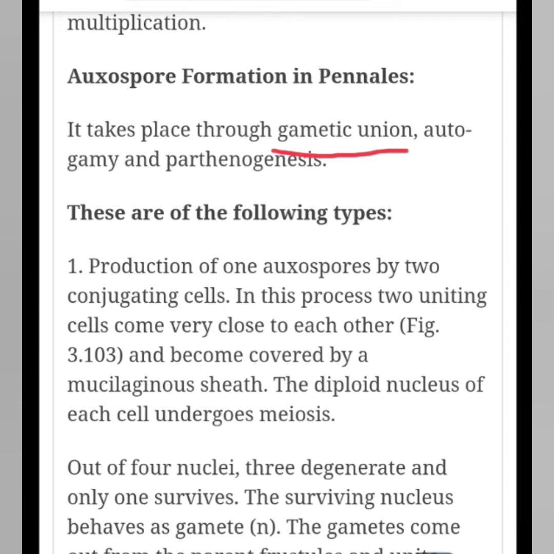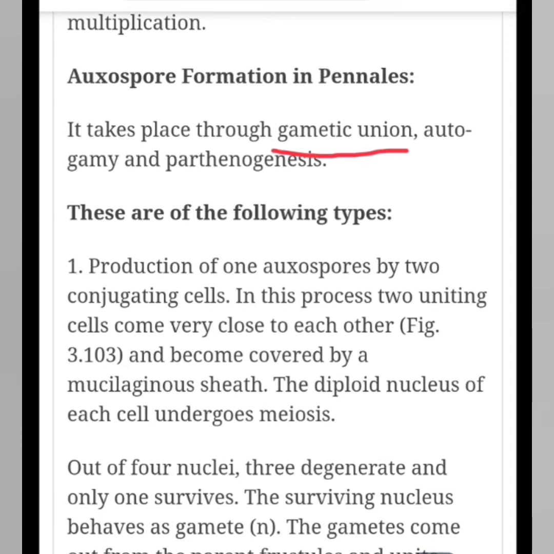Now in this first type, what happens? Two cells which are going to unite become very close to each other, and they become covered by a mucilaginous sheath, and the diploid nucleus of each cell undergoes meiosis.